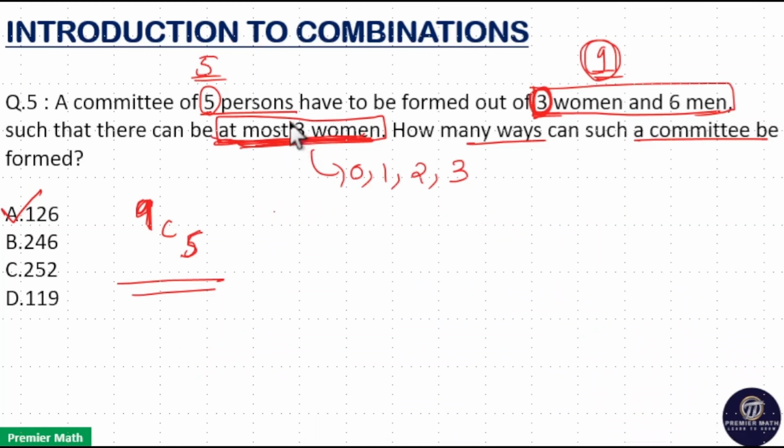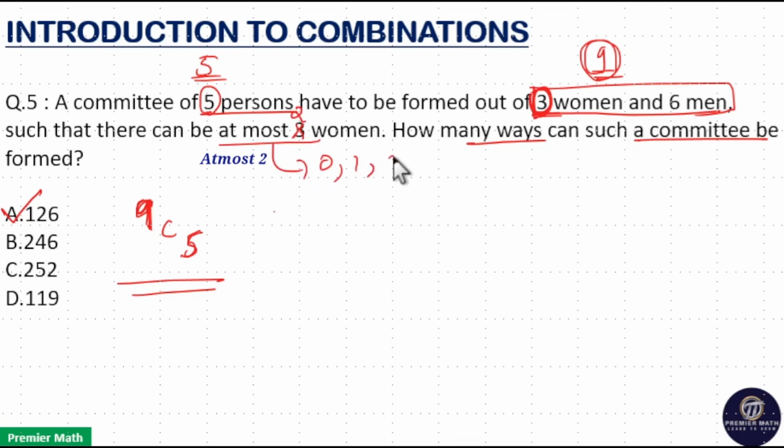Now if it is at most 2 women, consider this as at most 2 women. Then what will be your answer? At most 2 means it can be 0, it can be 1, it can be 2. Maximum of 2. But here we have 3 women available. So we have to subtract that possibility of including 3 women in the committee.